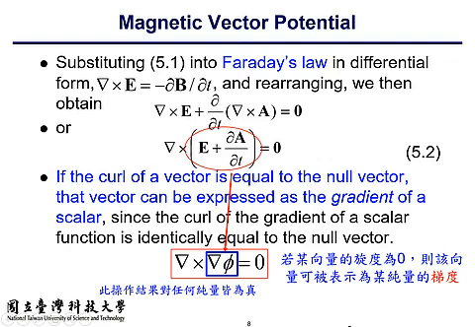If the curl of this vector equals 0, then the vector can be expressed as a gradient. So we use this vector identity that for any scalar, if you take the gradient first and then take the curl of it, it always goes to 0.